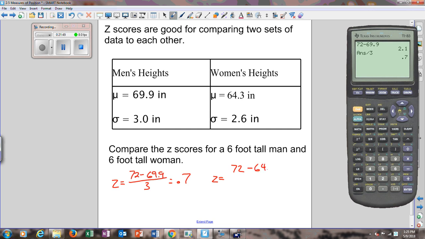Then you subtract the mean, 64.3, and divide by the standard deviation. 72 minus 64.3, and you get 2.96. So she is almost 3 standard deviations above the norm.